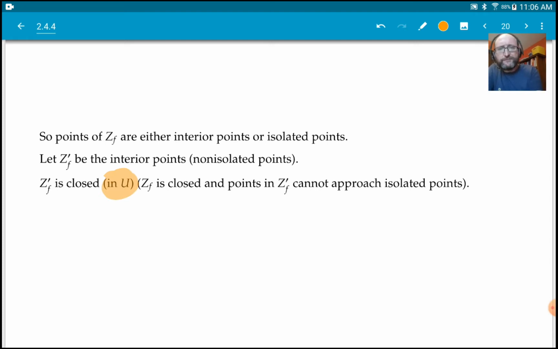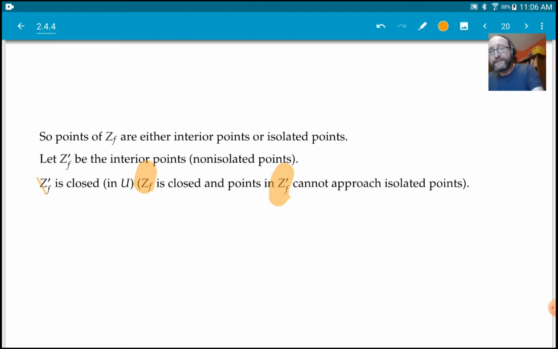Well, Z of f, all the zeros, is a closed set, and the isolated points I can subtract and still have a closed set, because I cannot approach an isolated point from the interior.